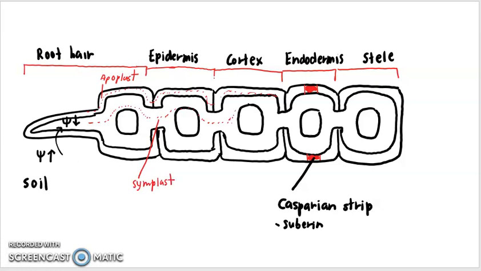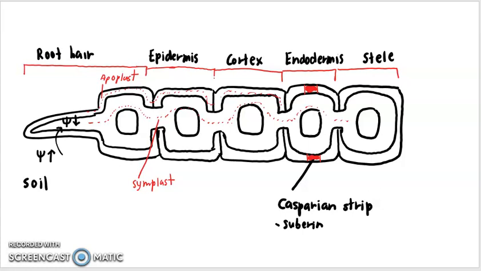Before that, don't forget the apoplastic pathway. In the apoplastic pathway, the water moves along the cell wall until it reaches the endodermis. Why only until the endodermis? Because at the endodermis there is a Casparian strip. So the apoplast pathway is hindered by the Casparian strip.